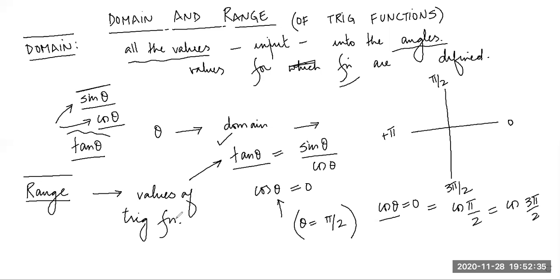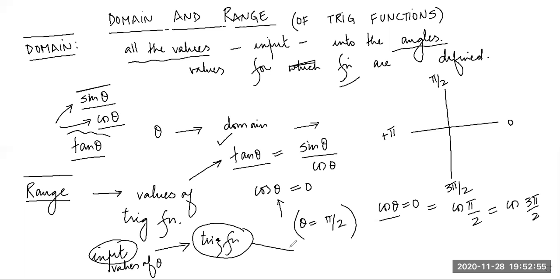In other words, you can say the output. You give input. What is the input? Input is the values of theta. You give input to a trigonometric function. And what is the output? Output is the values of the function.